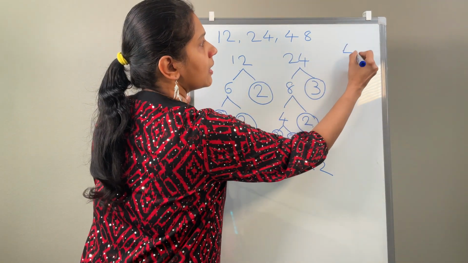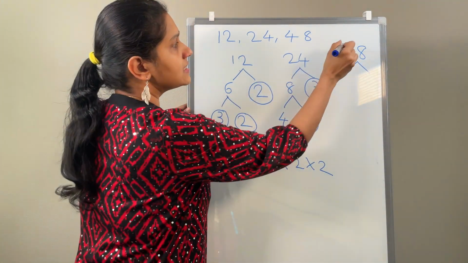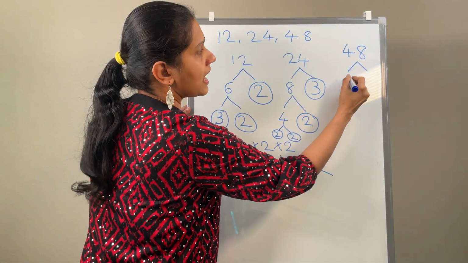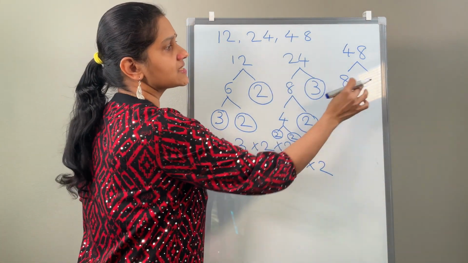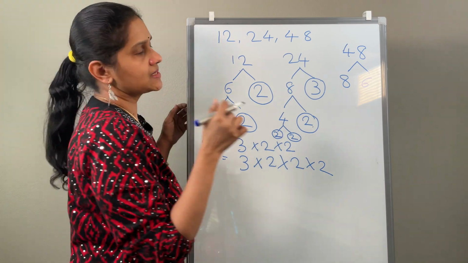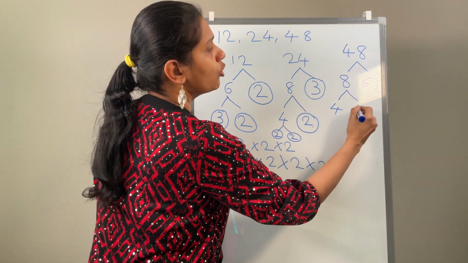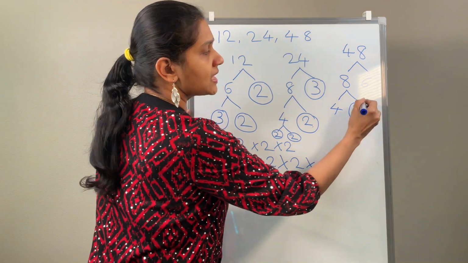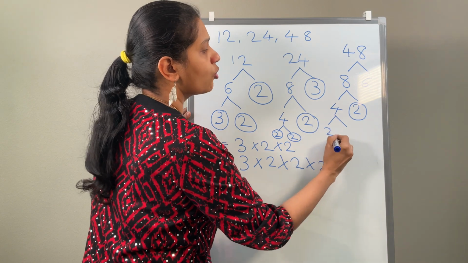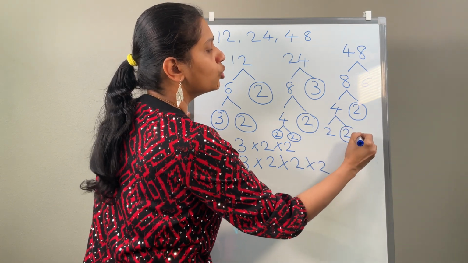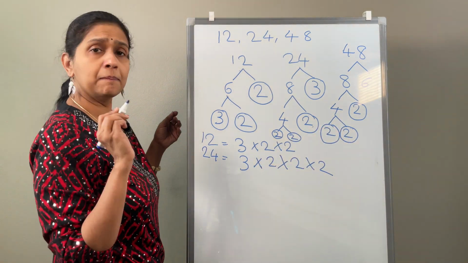Now consider the number 48. How to do the prime factorization of 48? 48 can be written as 8 times 6. But you can see 8 and 6 are both composite numbers. So 8 can be further broken down as 4 times 2. 2 is a prime number but 4 is not. So further break down this 4 as 2 times 2. Now you can see both 2 and 2 are prime numbers.